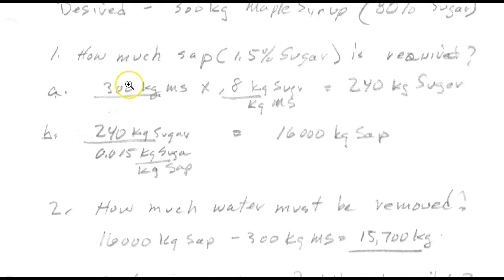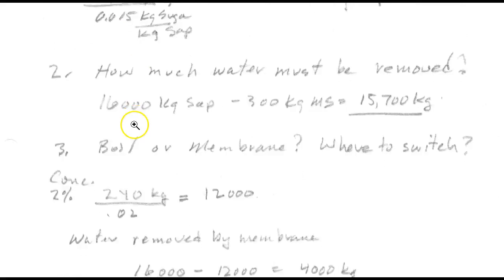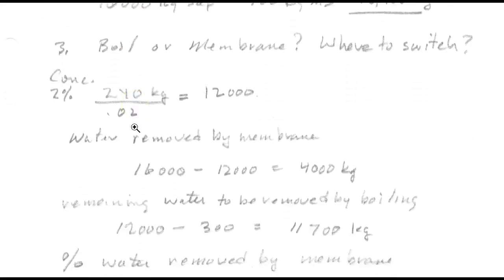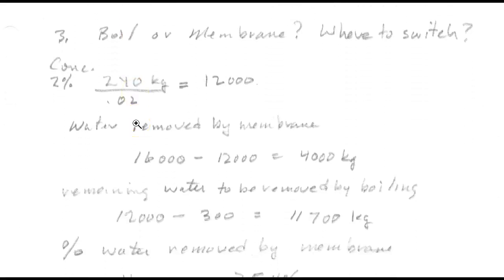So moving along, in the past, it's been interesting to try out a very tight membrane like a reverse osmosis membrane. So what's the trade-off between boiling the water and using a membrane?